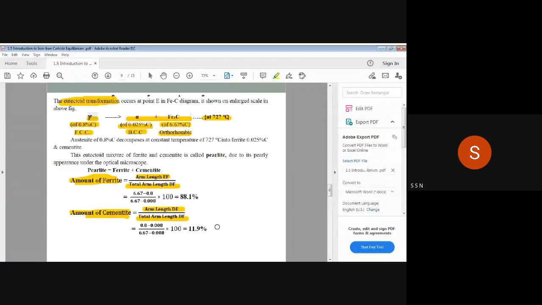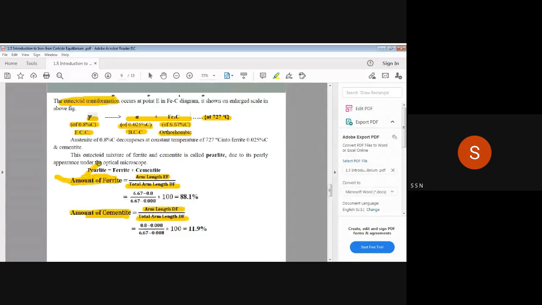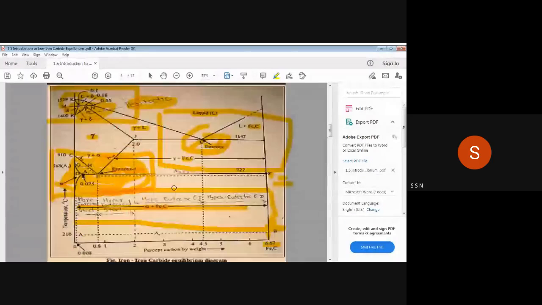Arm length EF कशी काढणार? आता पहिल्यांदा जर आपण हे काढत असो कुठला अमाऊंट ऑफ फेराइट, फॉर अमाऊंट ऑफ फेराइट arm length EF divided by arm length DF. EF कशी काढणार? EF, so percentage of carbon in EF is 6.67 minus percentage of carbon at this E point is 0.8. So 6.67 minus 0.8 will be arm length EF.